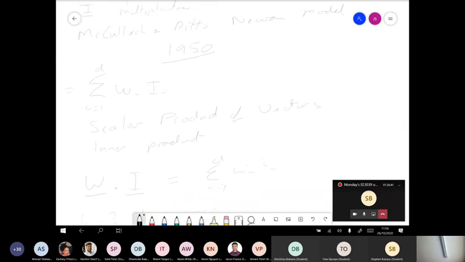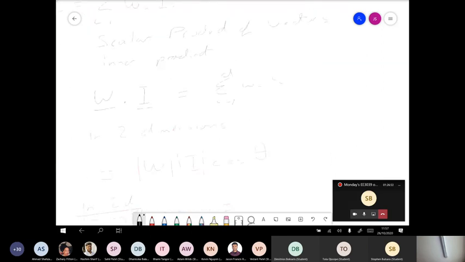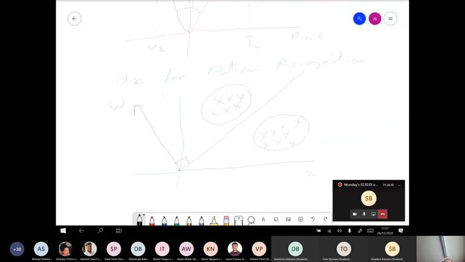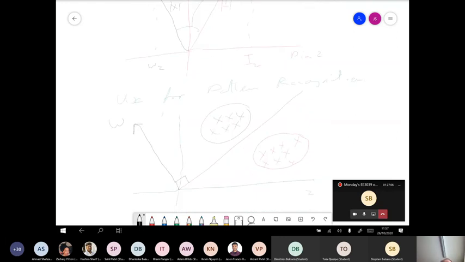Going back here, it can be achieved by setting a threshold to 0, which means if we get a positive response, the cell fires. If we get a negative response, it doesn't. So one class can be determined on the diagram here. If the angle is less than 90 degrees, we will get a positive response, and this would be the positive class.